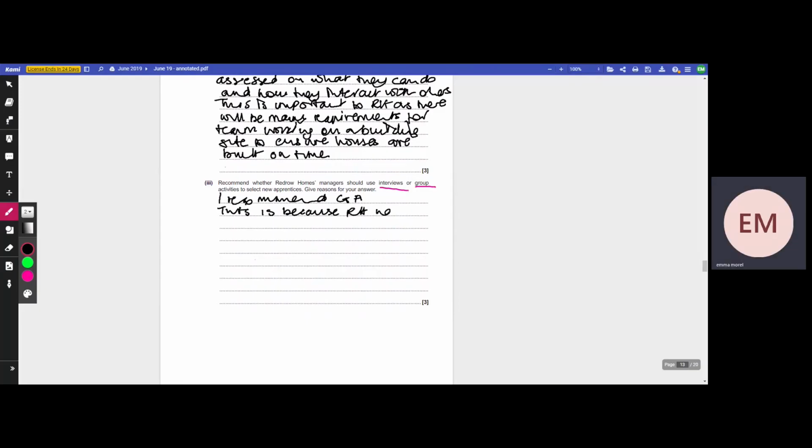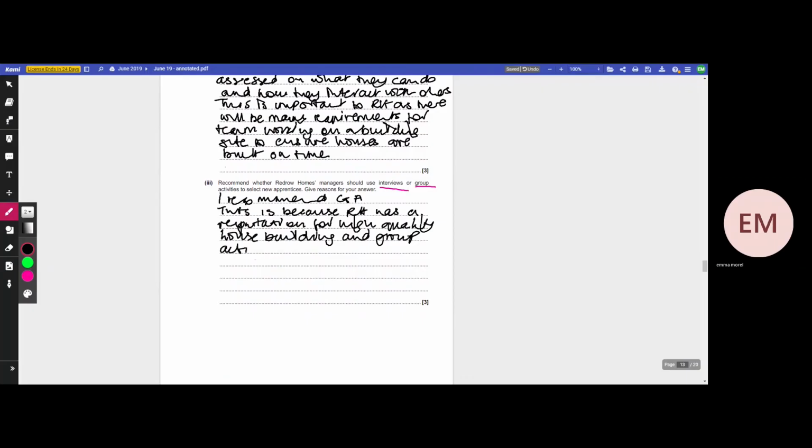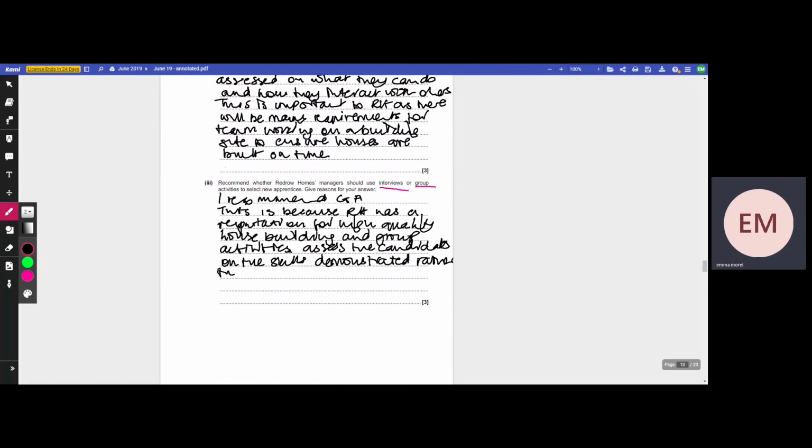Redrow Homes has a reputation for high quality homes or high quality house building, and group activities assess the candidates on the skills demonstrated rather than just being talked about at interview.